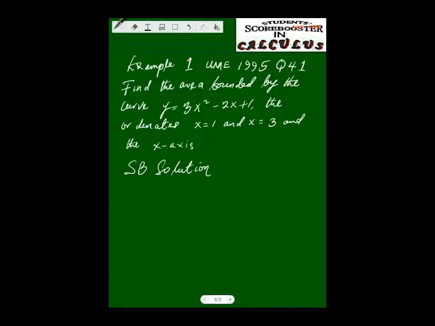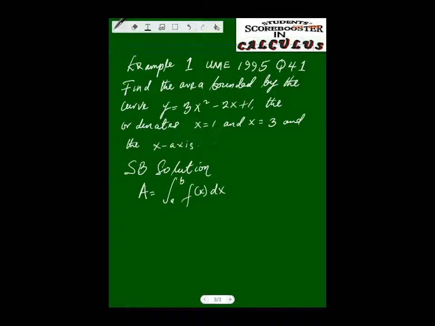As usual, what I always advise is that for amateurs in mathematics, the first thing to do is to write down the formula. That is, A equals the integral from a to b of f of x dx.